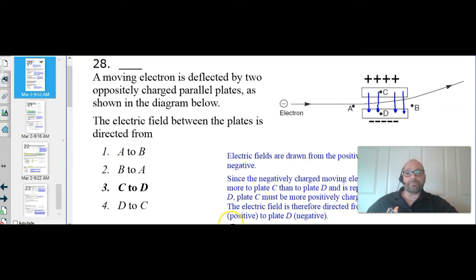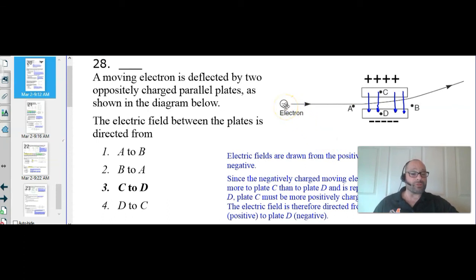Here's a problem about a moving electron. A moving electron is deflected by 2 oppositely charged parallel plates, as shown in the diagram. The electric field between the plates is directed from. So now you look and you say to yourself, how do I know? Because the original diagram only shows me the deflection path of the electron, and it doesn't have these pluses and minuses with these arrows. So it's this simple.